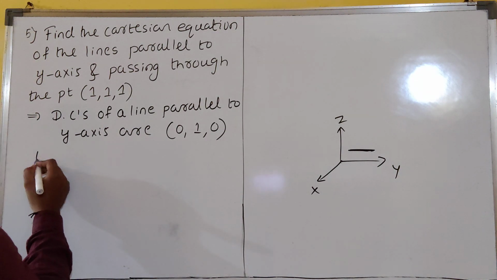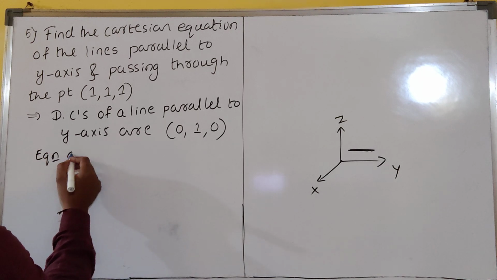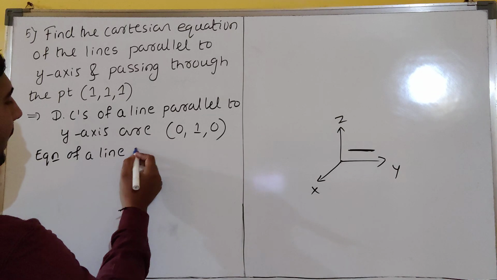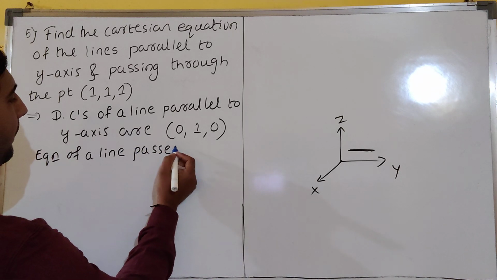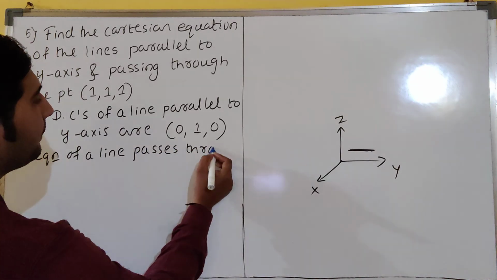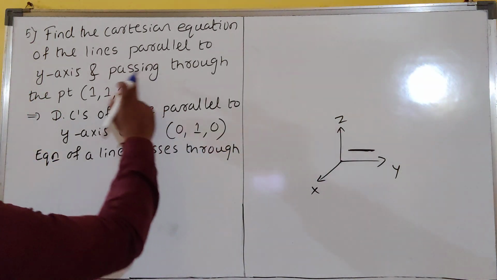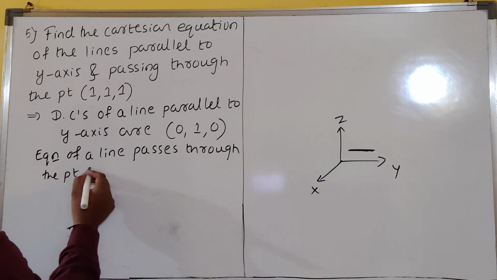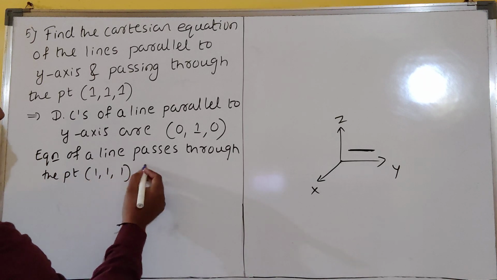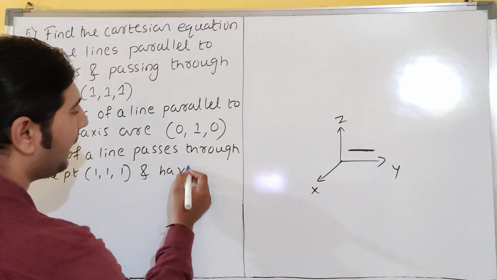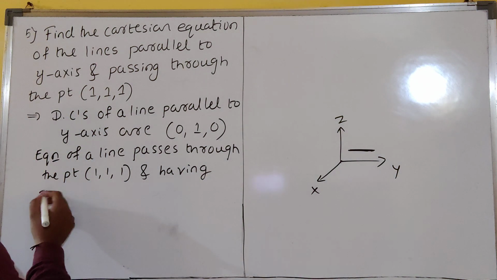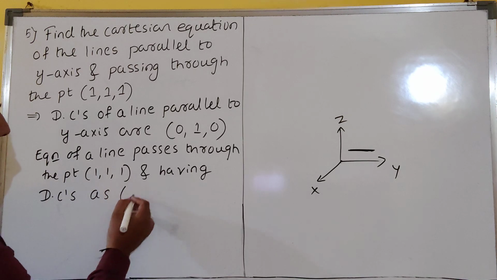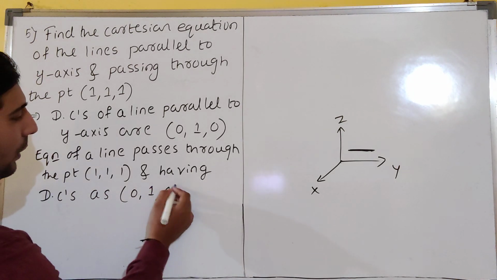So next is the equation of a line which passes through the point 1, 1, 1 and has direction cosines 0, 1, 0.